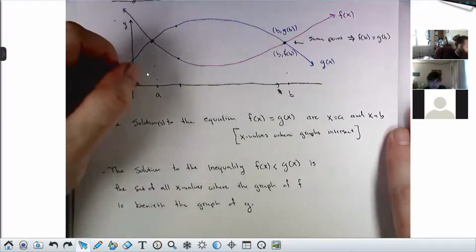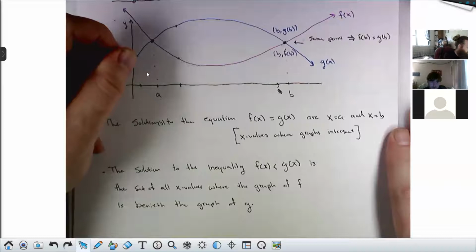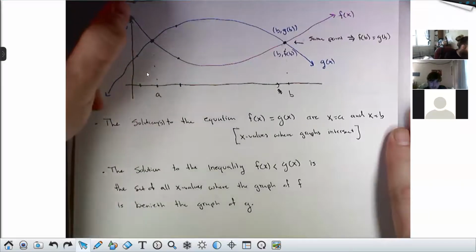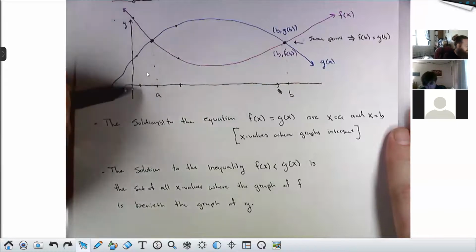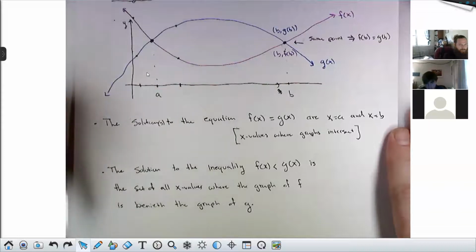If you were to look over here, the purple graph is above the blue graph, right? The purple is above the blue at this x value. So this would not be a part of that solution.